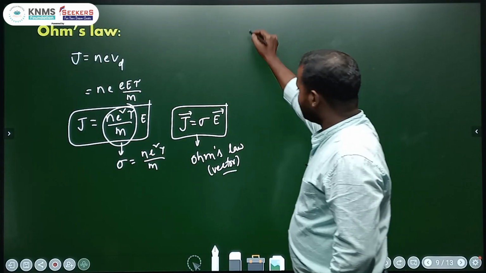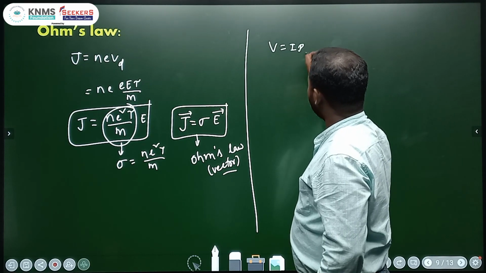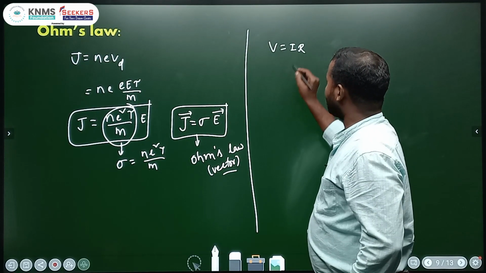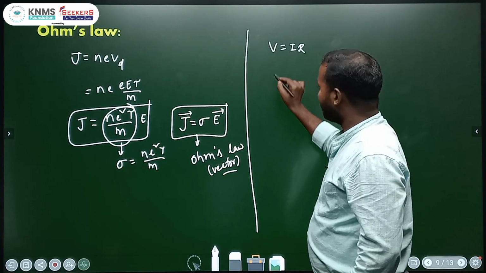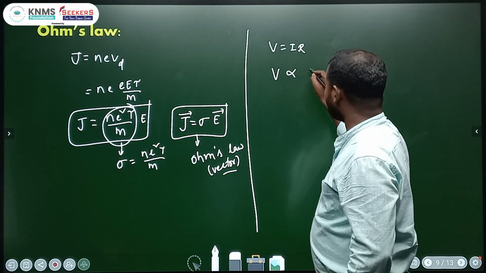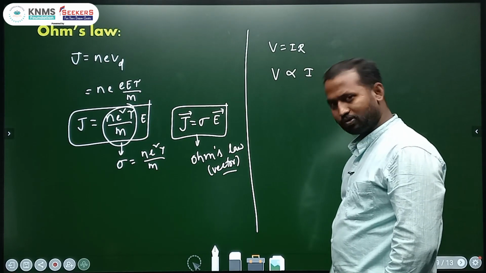Clear? Now we already know that V is equal to IR. Of course we can derive it from this, but let's not waste our time on that. Inside a conductor, the more potential difference you create, the more current it produces. So V is directly proportional to current.